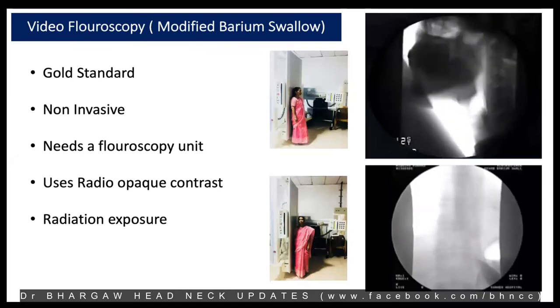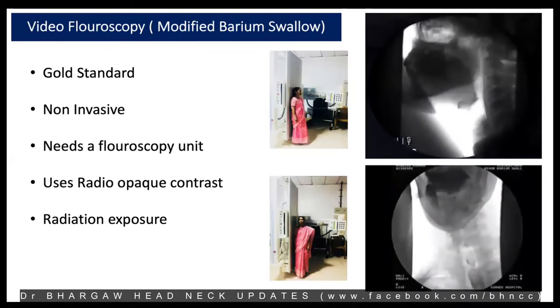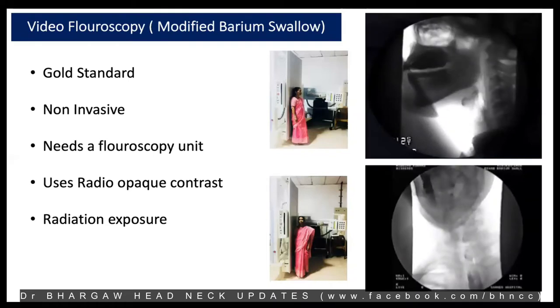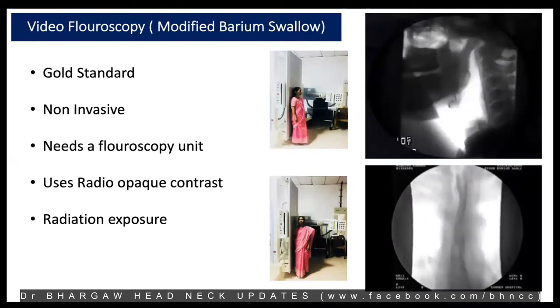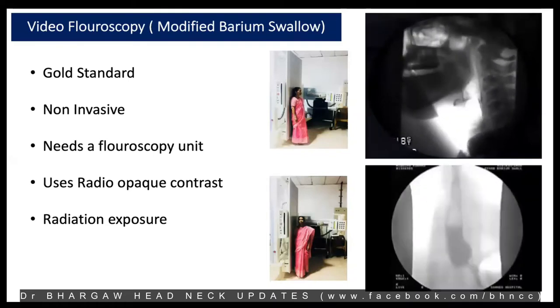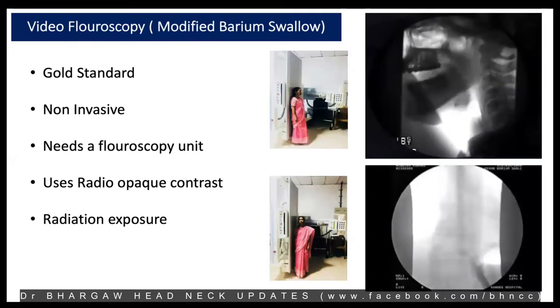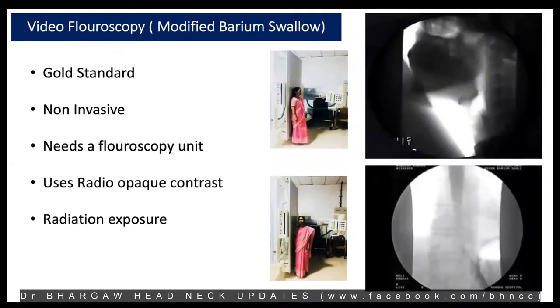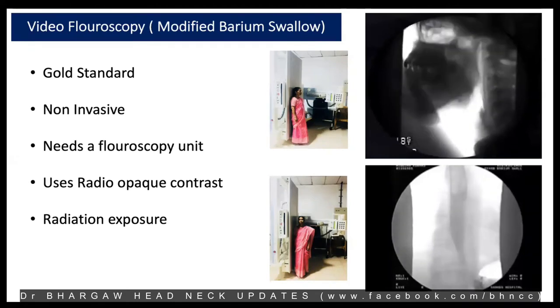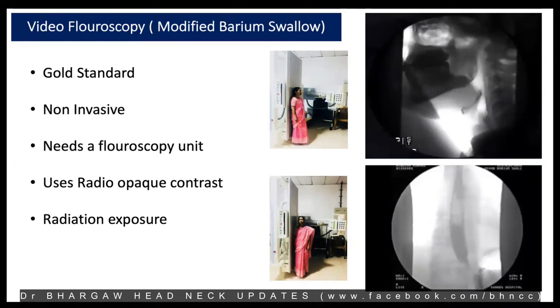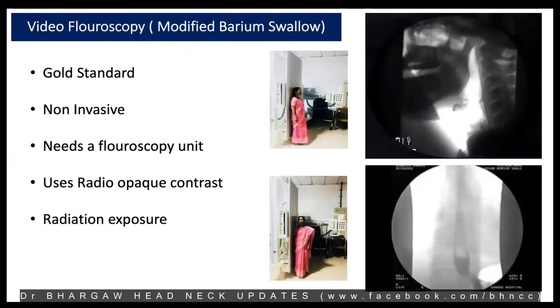There is some amount of radiation exposure, but the benefit outweighs the risk. So you need to see which patients would need video fluoroscopy. It is a bit of a struggle when the patient cannot sit or stand straight and the positioning becomes a problem. And also, the person performing the test gets some amount of radiation.